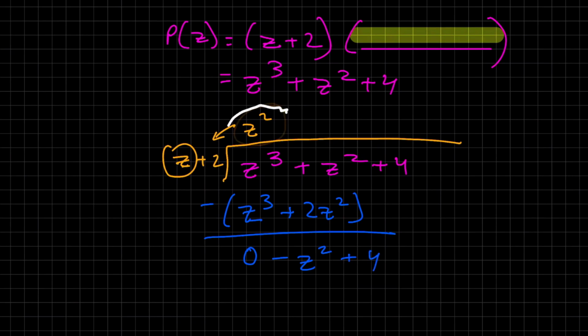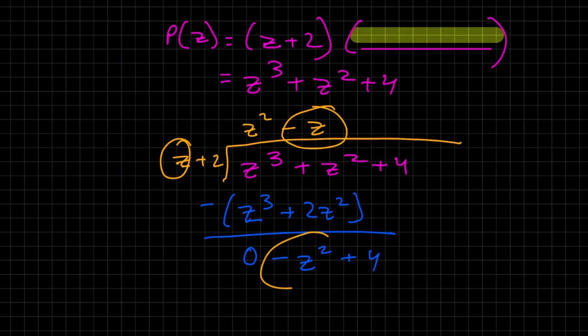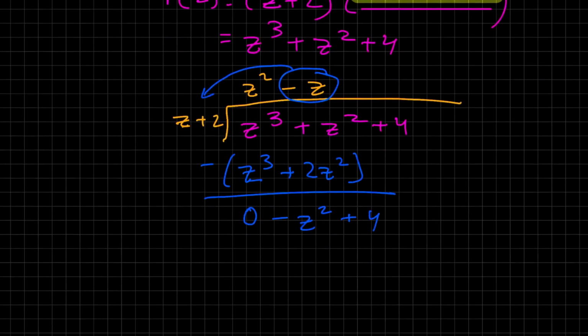Now we will ask ourselves again, z times what will give us negative z squared? Again, intuitively, we should know by now that z times negative z will give us negative z squared. Again, we will multiply this negative z into our denominator, and that would give us negative z squared minus 2z.